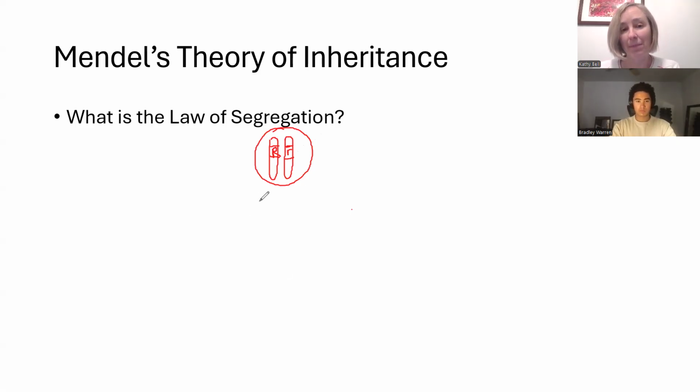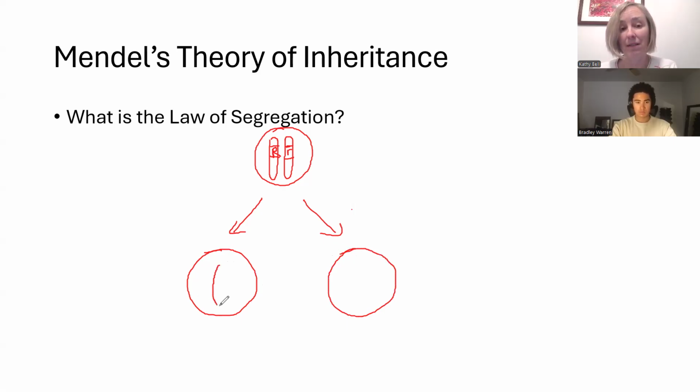What happens is by the end of meiosis, and you'd actually do two divisions here, I'm just going to show one. The law of segregation just says that looking at this one gene, whatever this R gene is, you're going to end up segregating these two alleles into separate gametes.